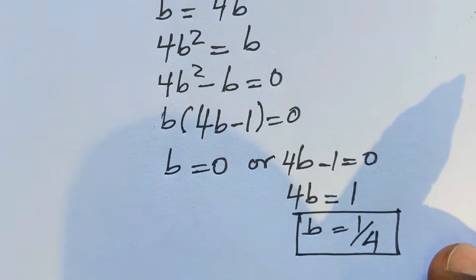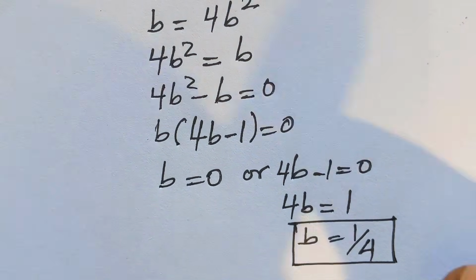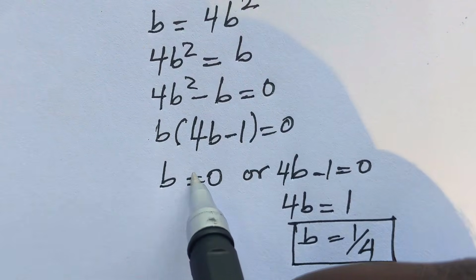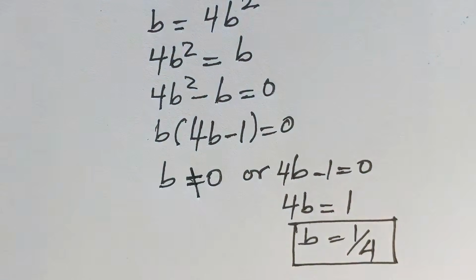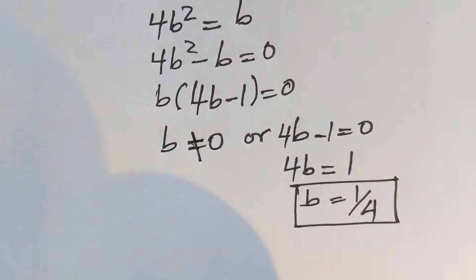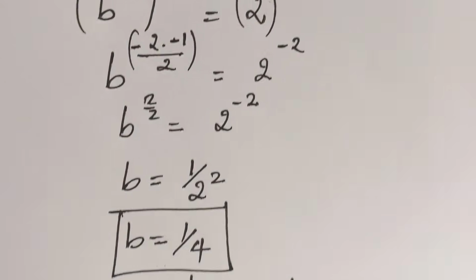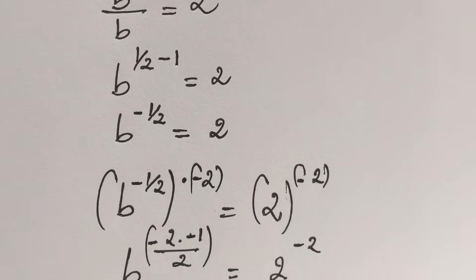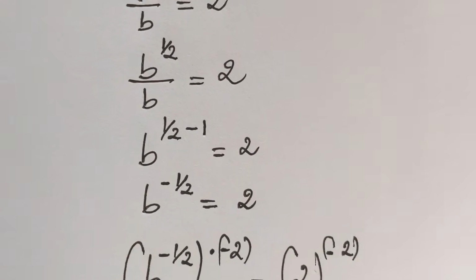But because the given common denominator is b, b should not be equal to 0, right? Then you can check if the answer is correct, right?